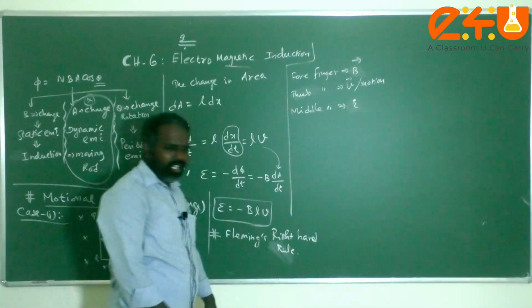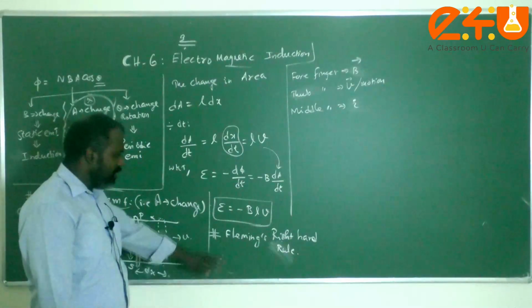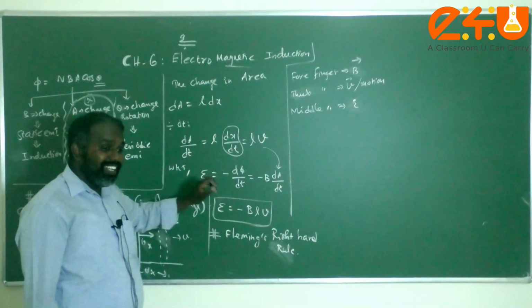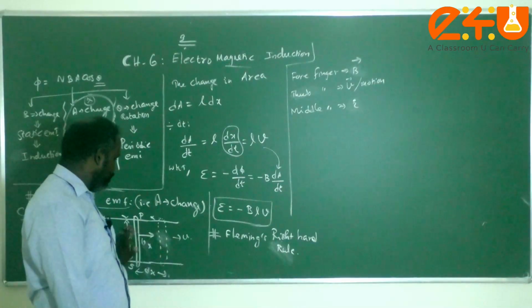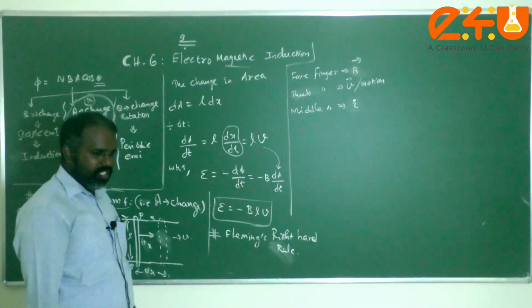So that is the information about Fleming's right hand rule to find the direction of the induced current in the case of a moving rod, or in motional EMF cases.